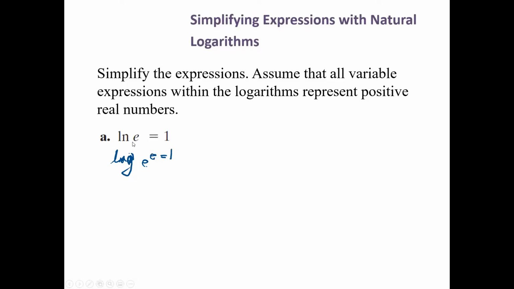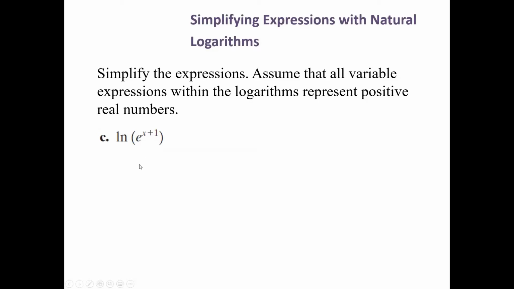Okay, why is this? Well, because this means natural log base e of e. Here, what do we have? Natural log of 1 is 0, because we have log base e of 1. Anything of 1 is 0.